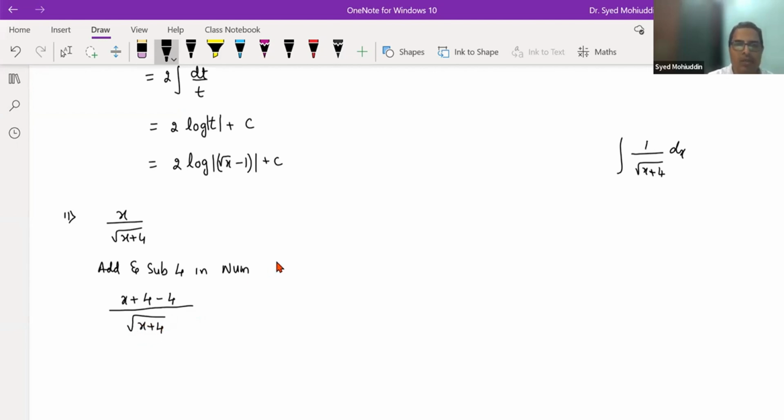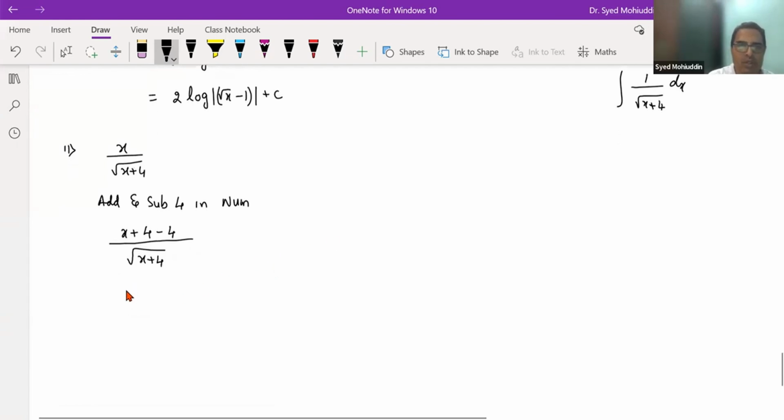Now we'll just try to separate this value. x plus 4, split it, x plus 4 divided by root of x plus 4, minus again 4 by root of x plus 4.